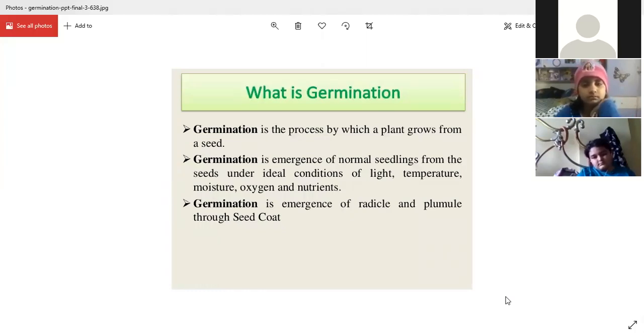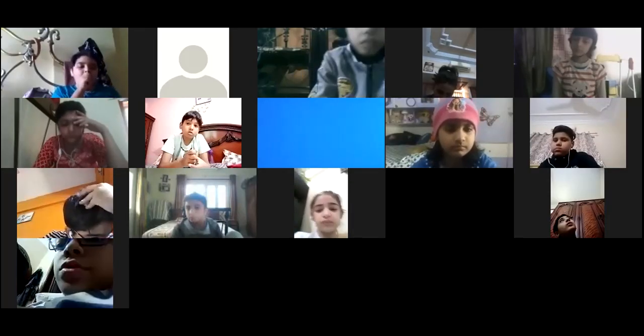Then the temperature of your surrounding plays a vital role in it. Then your water, okay, you must water the soil properly, and all the mineral salts or the organic or inorganic fertilizers that you use must be sprinkled on the soil in order to make the seeds germinate. Then after it your seed grows into a plant. Okay? This is basically the process of germination.